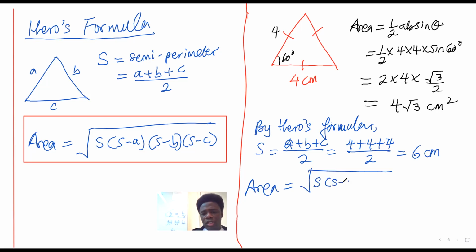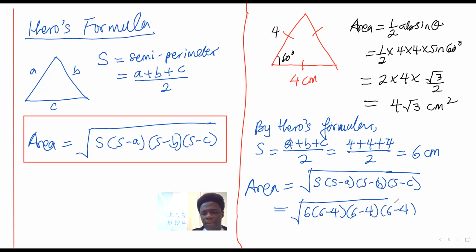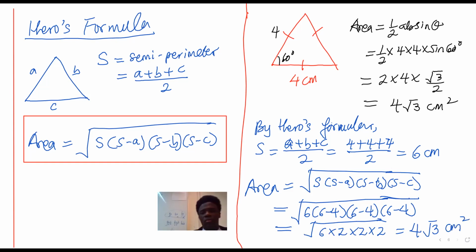I don't care if you are doing the question 10 times, write the formula 10 times. That's how you remember stuff. So that will be the square root of, the semi-perimeter is 6, so you have 6 minus 4 in 3 places. And that is simply the square root of 6 times 2 times 2 times 2. Again, if you check, this must be 4 root 3.